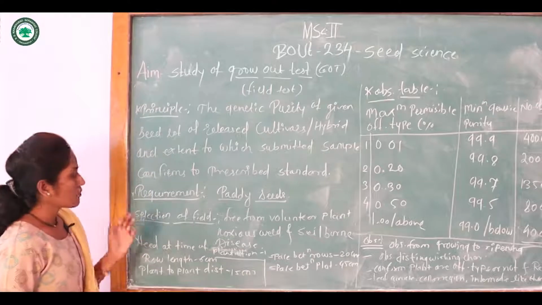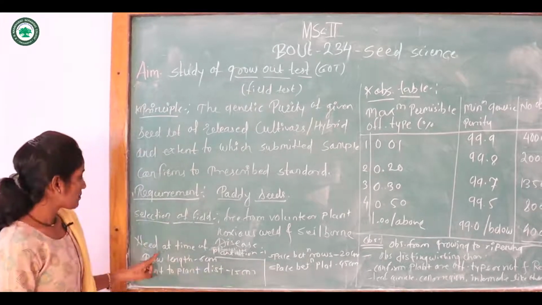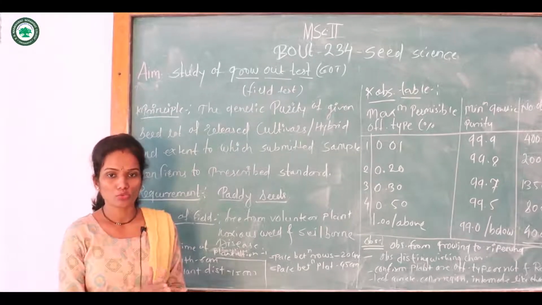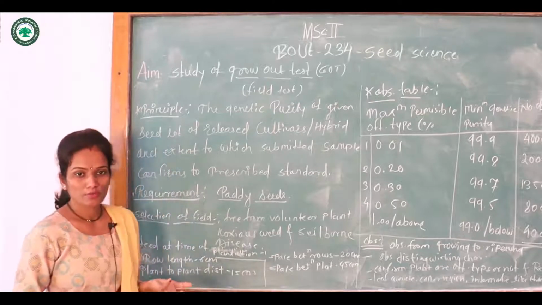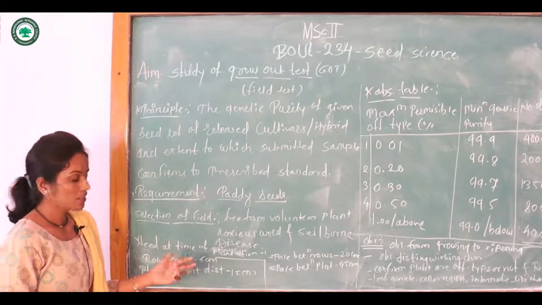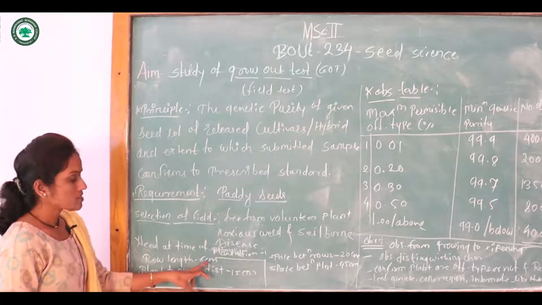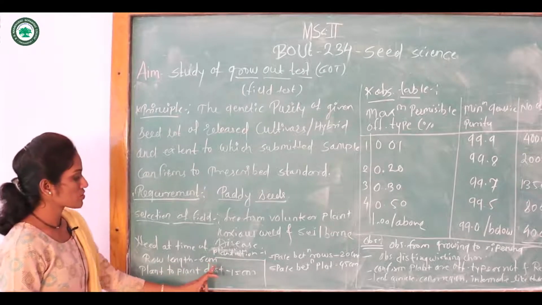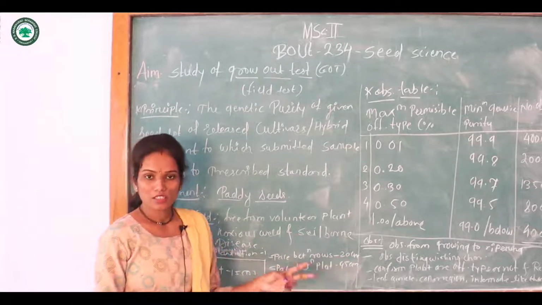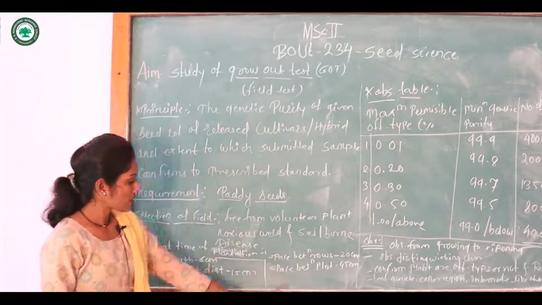When we plant the paddy seeds or seedlings, we need to keep in mind a definite distance between two rows, two plants or two plots. The distance between two rows should be 20 centimeter, and the plant to plant distance is 15 centimeter.